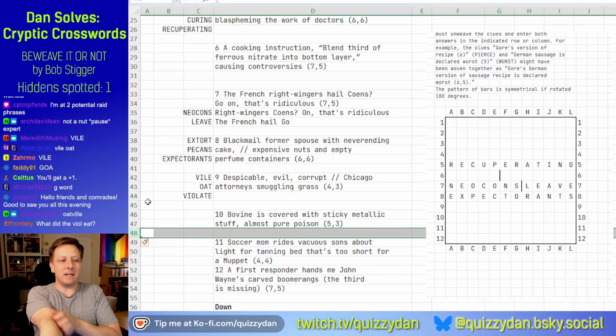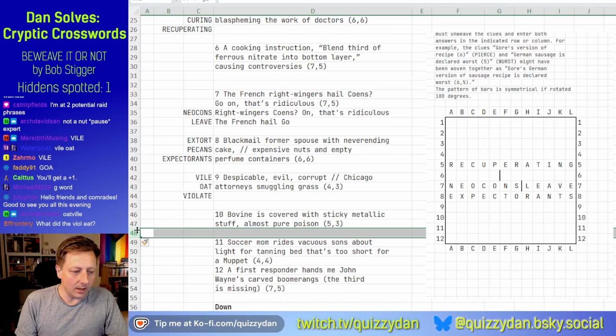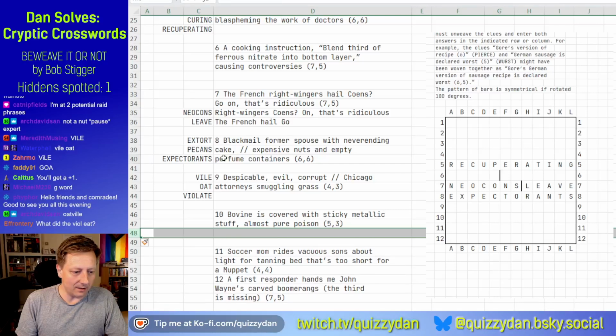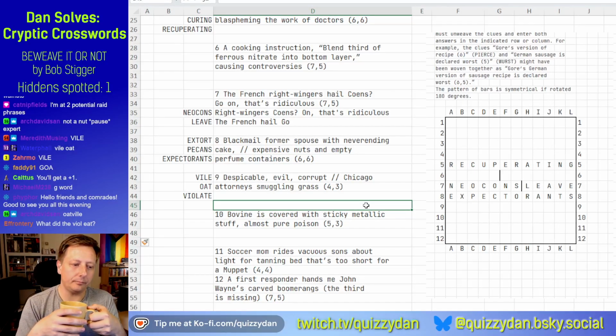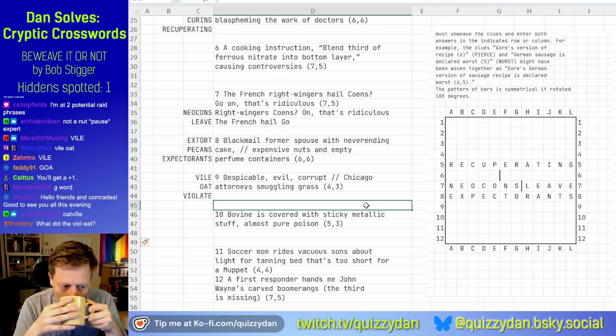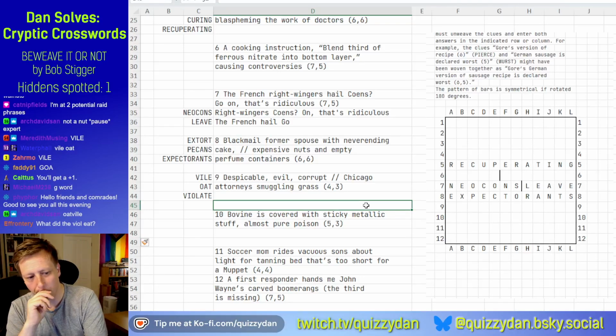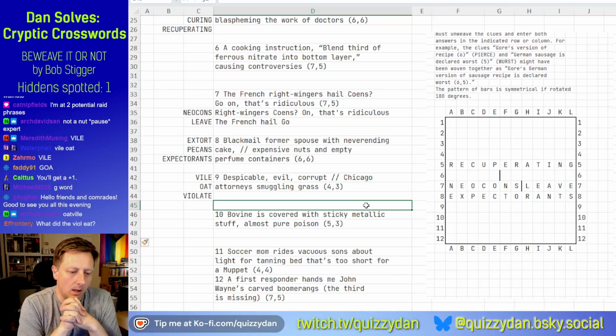Bovine is covered with sticky metallic stuff, almost pure poison. I think the clues are woven together here.